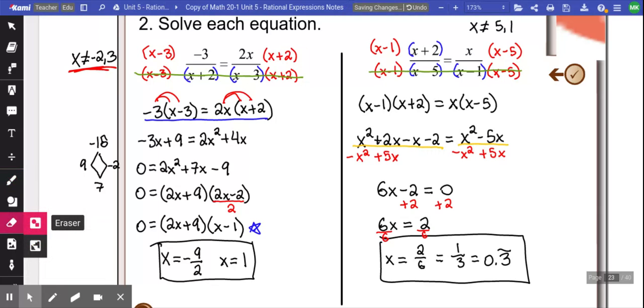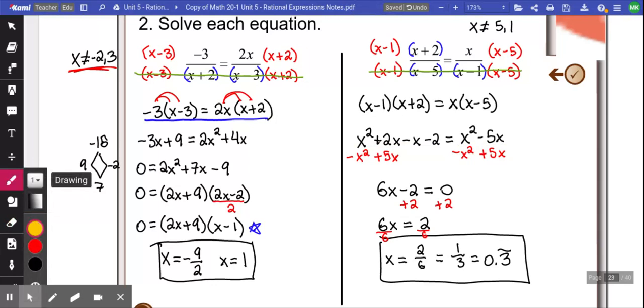I noticed this was a quadratic, so I started moving everything to the left. But when I moved everything to the left, the x squares actually canceled each other out. So I was left with 2 plus 5 minus 1 equals 6x. So I had 6x minus 2 equals 0, move the 2 over, divide by 6, and I got my answer of x equals 2 over 6.